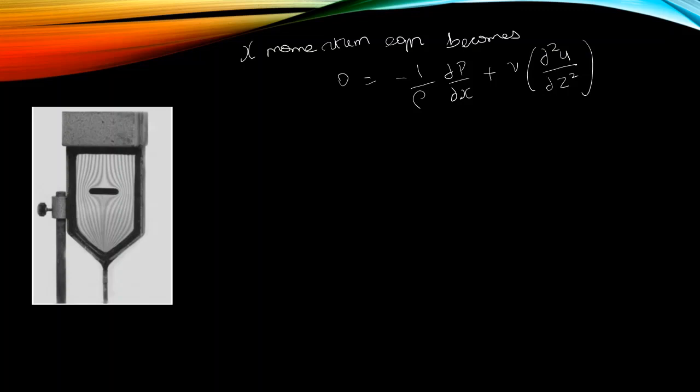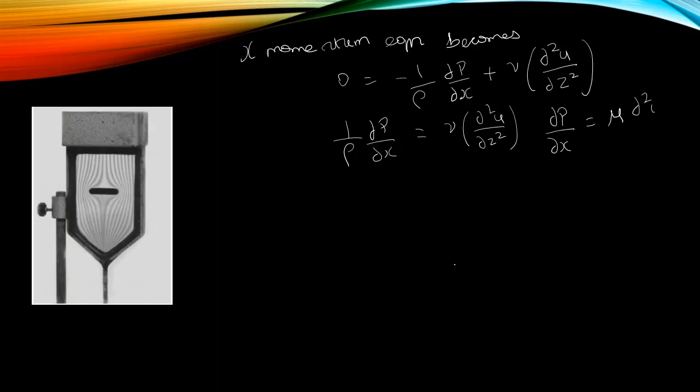That is why you consider the dou square u by dou z square value, and then you resimplify this equation by bringing this term to the left hand side, so the equation becomes dou p by dou x equal to mu times dou square u by dou z square.